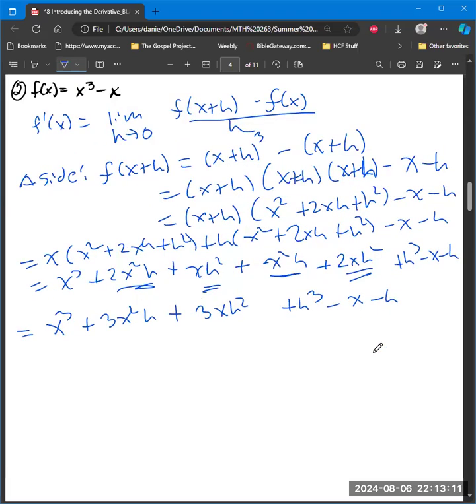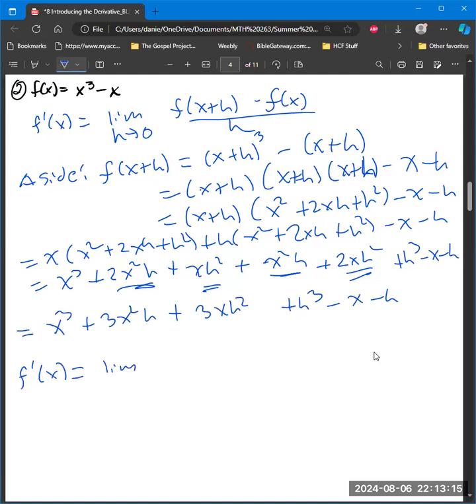So we're ready to find the derivative now. Limit as h goes to 0 of all this minus my original, all over h.